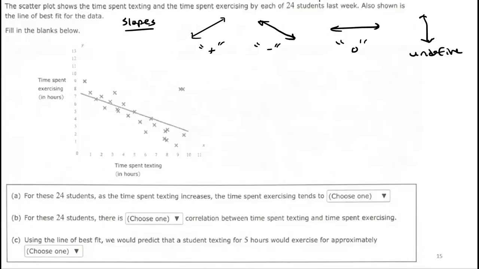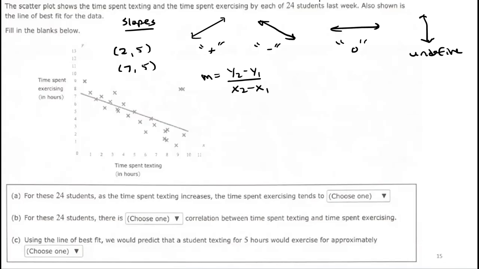Why is it undefined? So remember the slope formula. The slope formula is m is equal to y2 minus y1 over x2 minus x1. And so if say you have 2 points, let's say the points are 2, 5, and 7, 5.